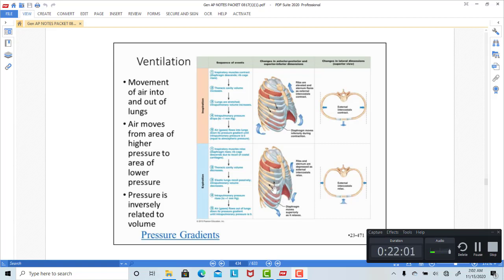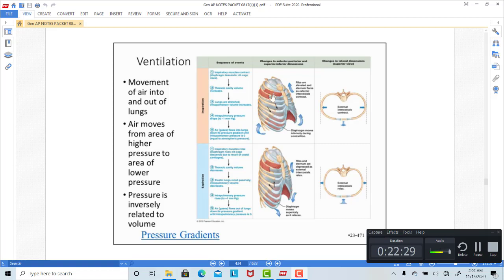And when we have more volume inside the chest cavity, that decreases the pressure inside the chest cavity, and that promotes the flow of air into the chest. So it's important that we understand that we need to contract the muscles first in order to get air to flow.